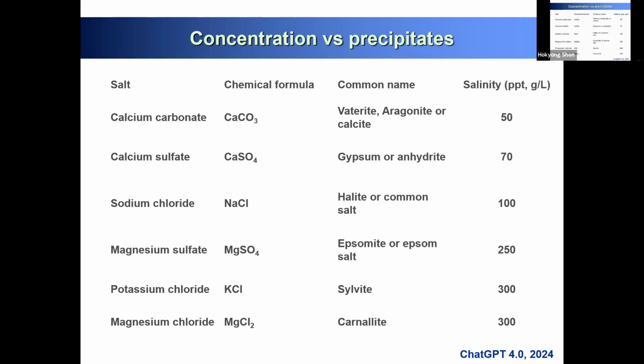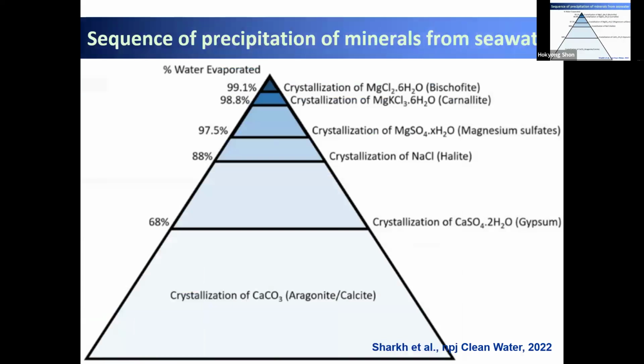So you can have a series of precipitations of different materials, and crystal harvesting can be achieved from the concentration. So this is the sequence.